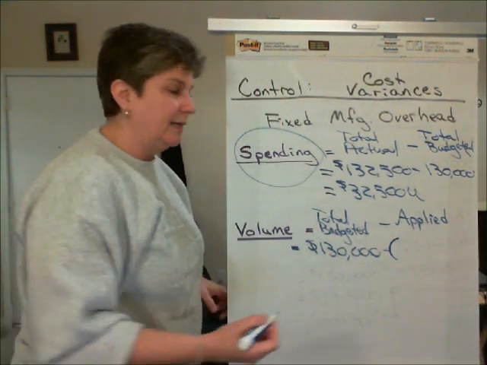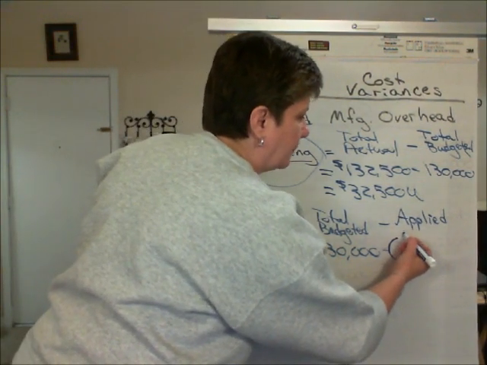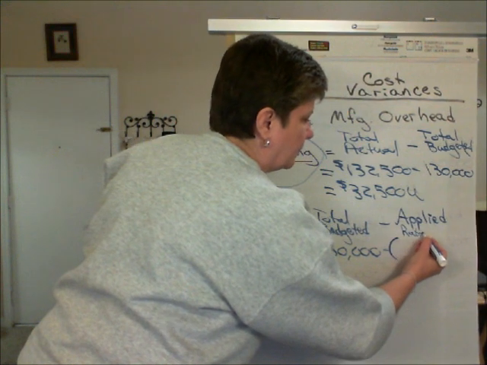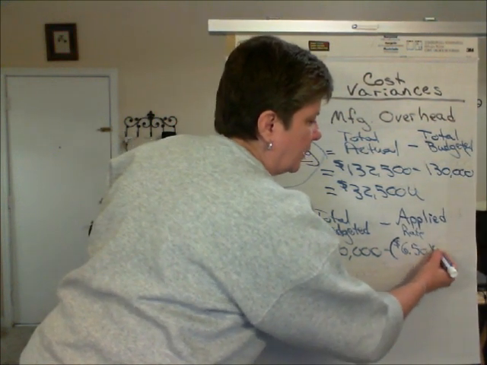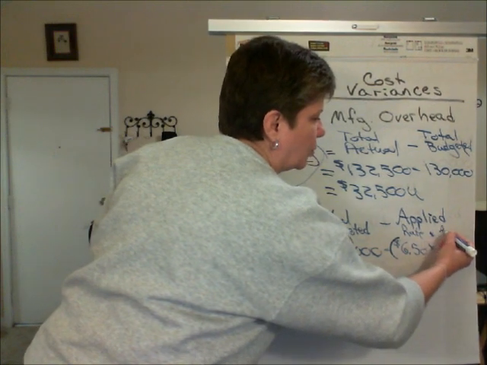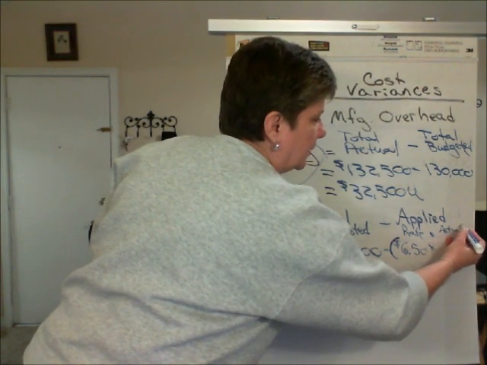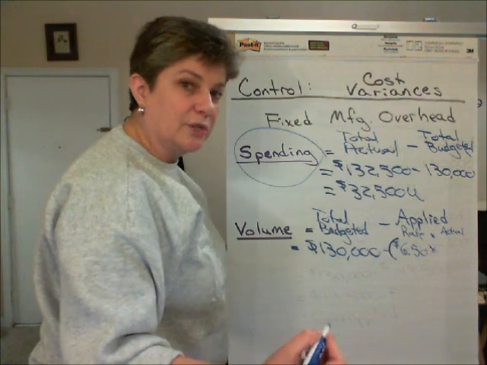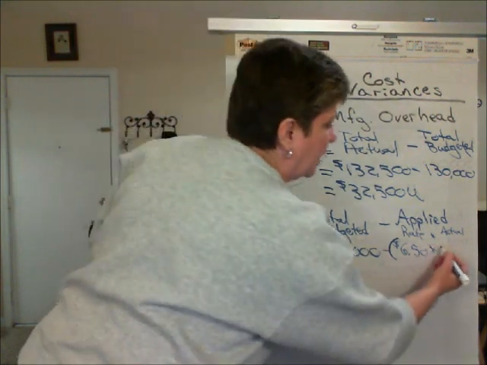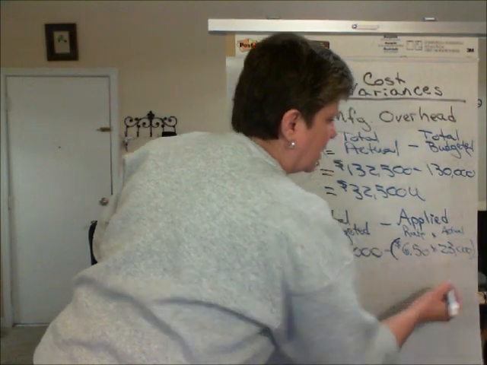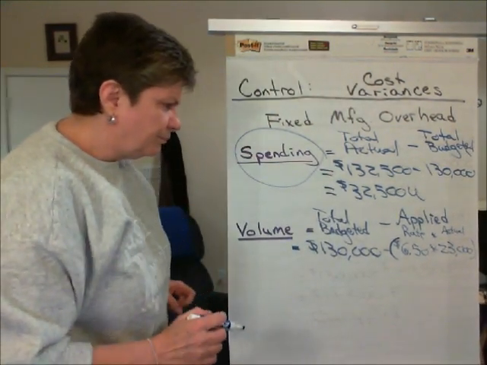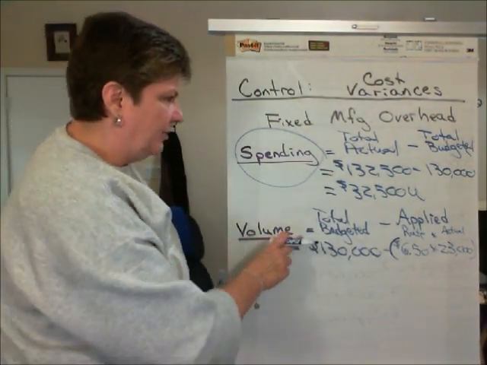Applied overhead is our predetermined rate of $6.50 times the actual activity, which, since we're using the units rate, we'll use the actual units, 23,000.